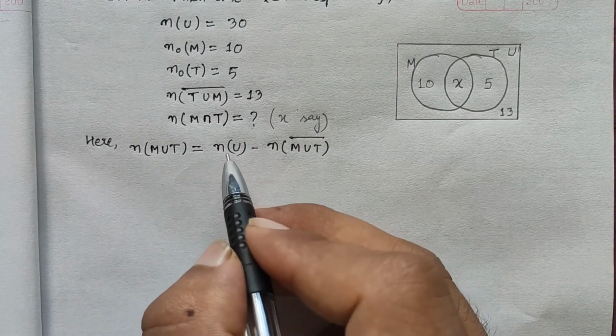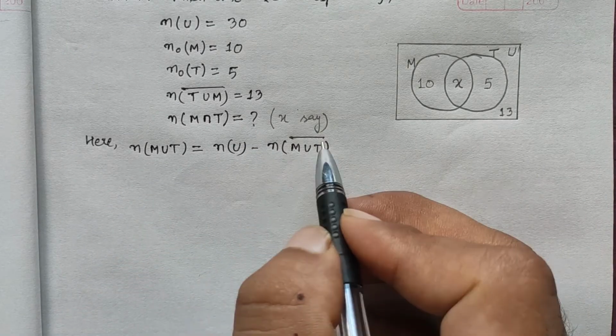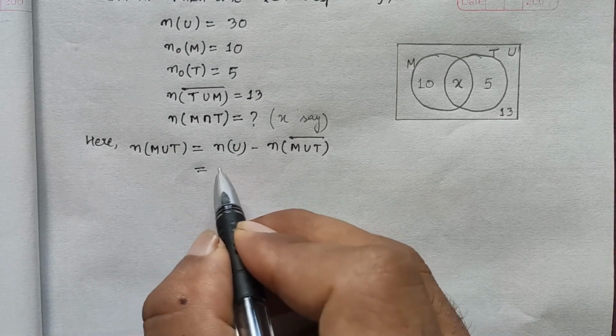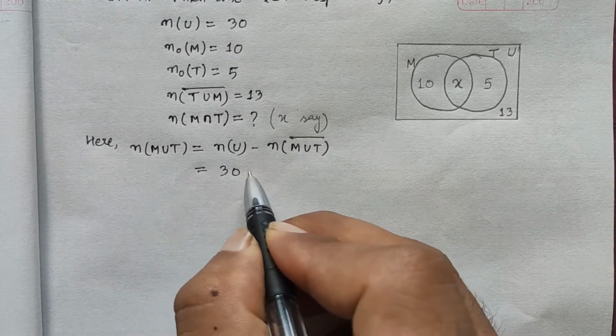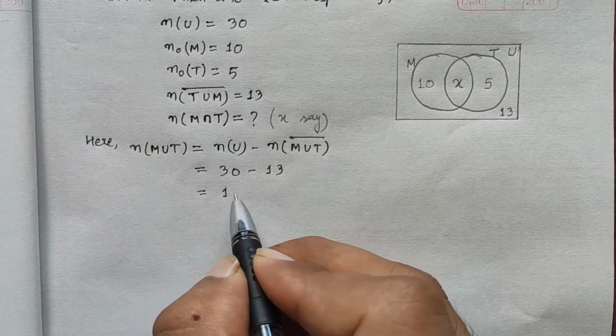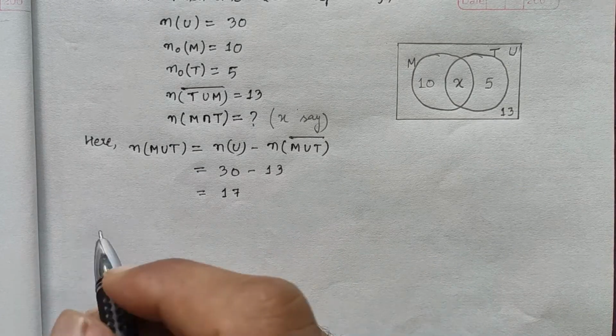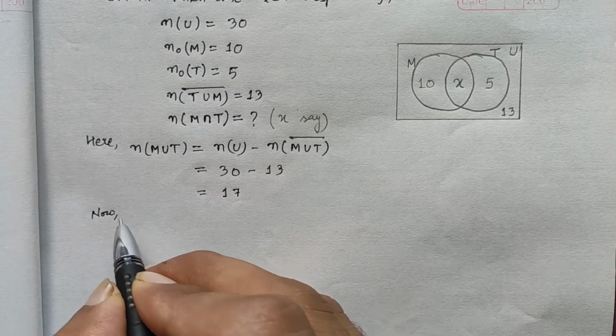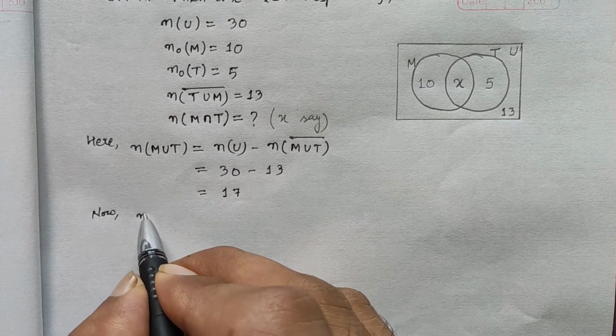n(A union B) is n(U) minus n of (A union B) complement. From that formula it is derived, and n(U) is how much? 30 minus the complement, 13. So what's the remaining? 17, I think. Yes. And now you can use the formula of n(A union B) again.